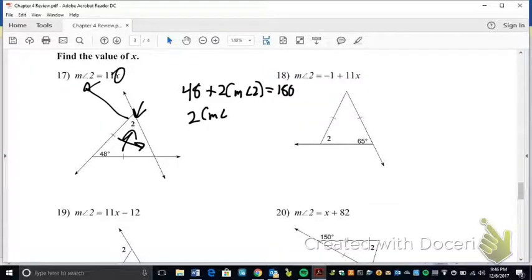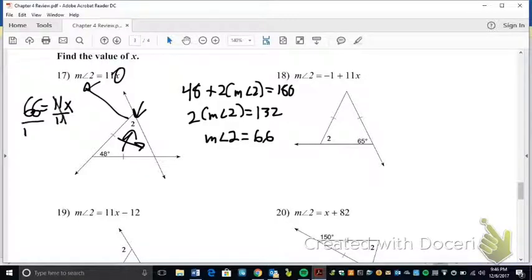So we're going to subtract 48 from both sides, and we get 2 times the measure of angle 2 equals 132. We're going to divide both sides by 2, and we get the measure of angle 2 equals 66. We then take that 66, plug it in up top, and we get 66 equals 11x. Divide both sides by 11, and we get 6 equals x.